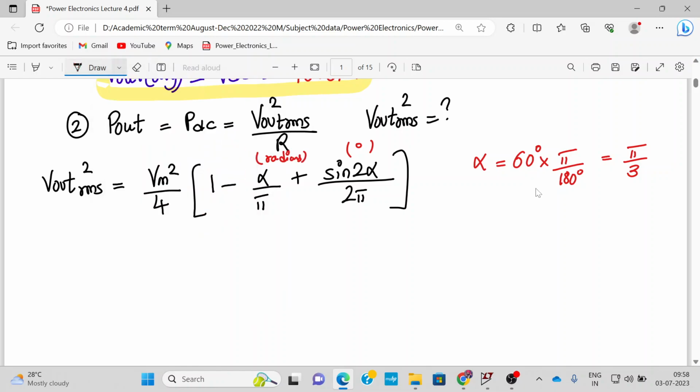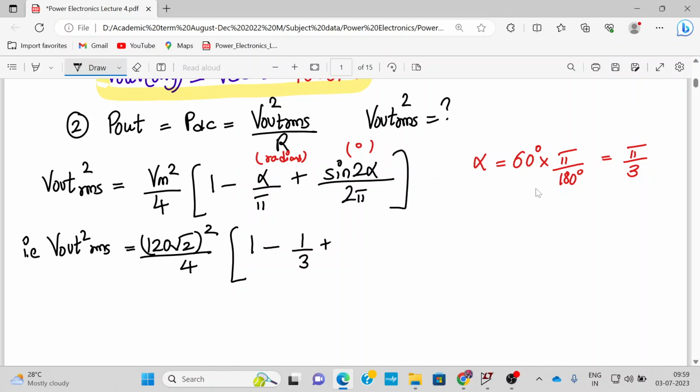So let us substitute the values. V out RMS square is equal to Vm square, that will be 120 root 2 the whole square, divided by 4 into 1 minus alpha, which is pi by 3 divided by pi, so this will be 1 by 3, plus sine of 2 alpha, that is sine 120 degree, divided by 2 pi.